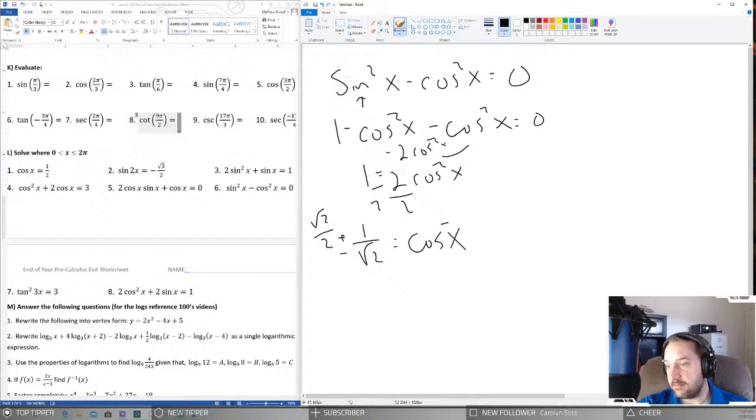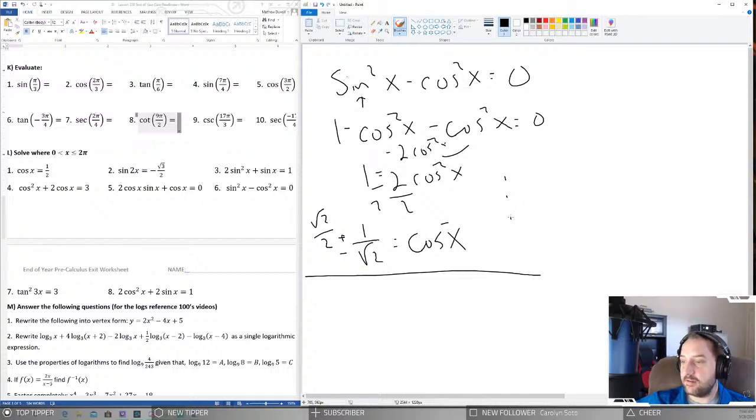For number 8, if you notice it says cosine squared. So this is dot, dot, dot. You'd have to continue finishing that. But it says 2 cosine squared x plus 2 sine x equals 1. So this cosine squared x, we have to change that into sines so we can use whatever we need to use. So it's probably going to be quadratic.